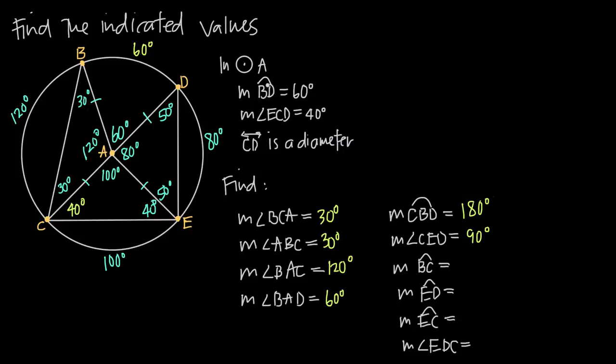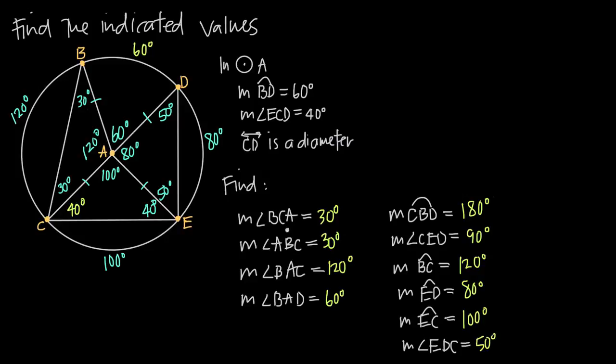The measure of arc BC, so the minor arc BC, I already know is 120 degrees. The measure of arc ED, so ED I already know is 80 degrees. The measure of arc EC, that's the minor arc here, 100 degrees. And the measure of angle EDC, so EDC, I know already that's going to be 50 degrees.